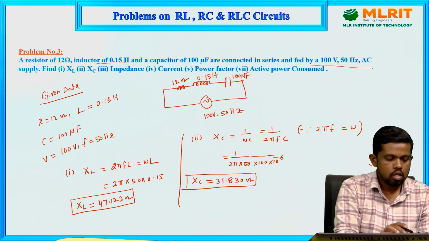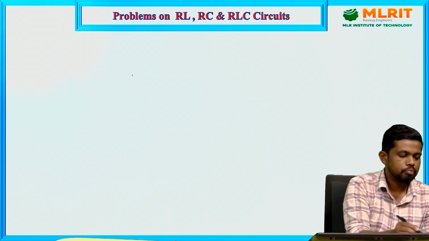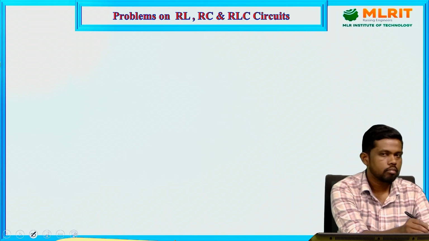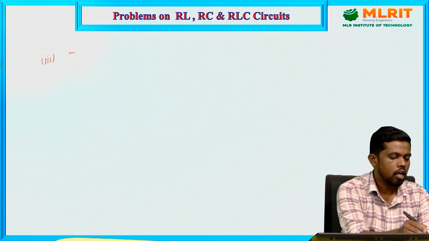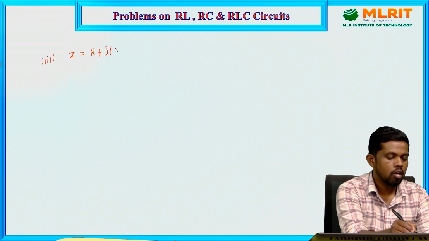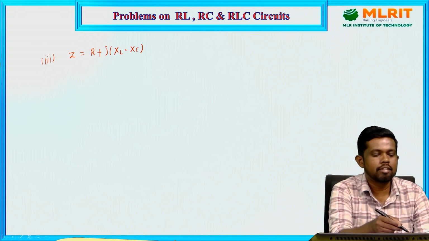Next, go through the impedance. This one is done, and we need to go through question number 3, the impedance. Impedance means R plus j(XL minus XC) in this case, because the total impedance of the network involves the XL and XC combination.